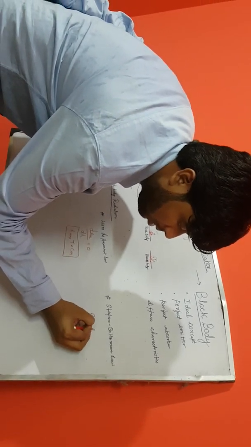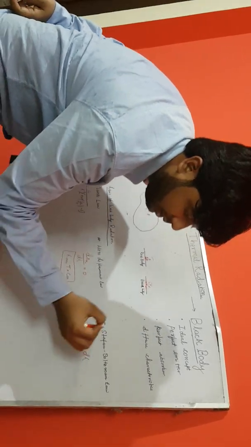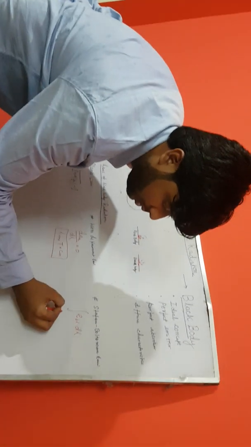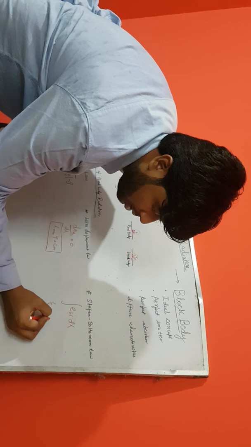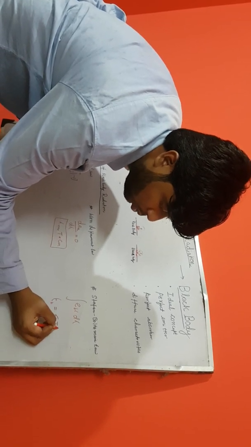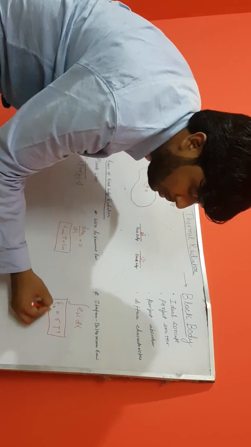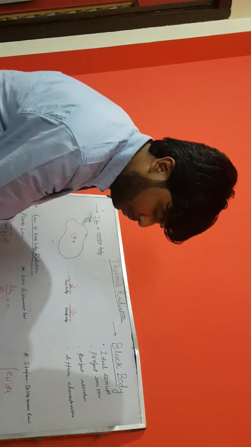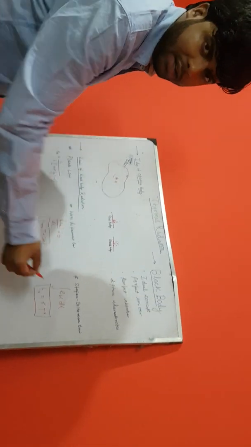If we integrate E_b lambda d lambda, we get the Stefan-Boltzmann law, and according to this law, the emissive power of a black body is sigma T to the power 4. Sigma is the Stefan-Boltzmann constant, which has a value of 5.67 into 10 to the power minus 8.